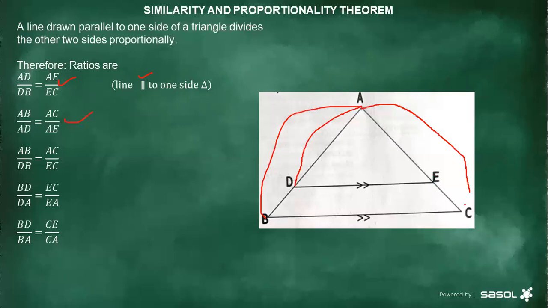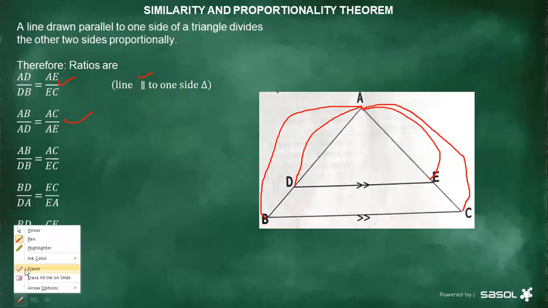AC divided by AE. Then don't forget to write the reason, line parallel to one side of the triangle. The same with other ratios. You do the same. AB divided by DB, AC divided by EC. All right. That's how you should go about it.